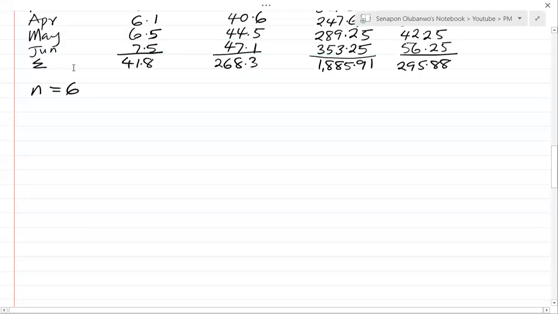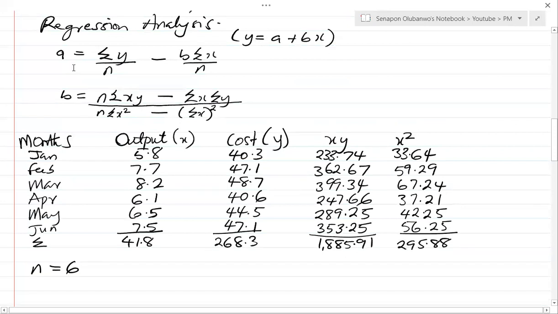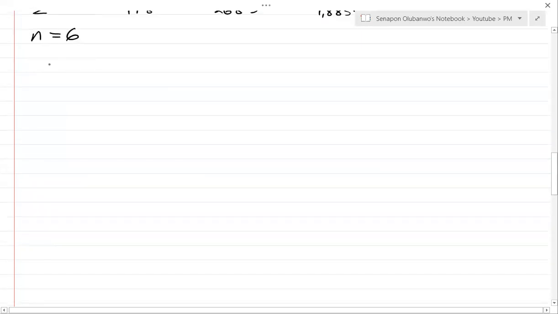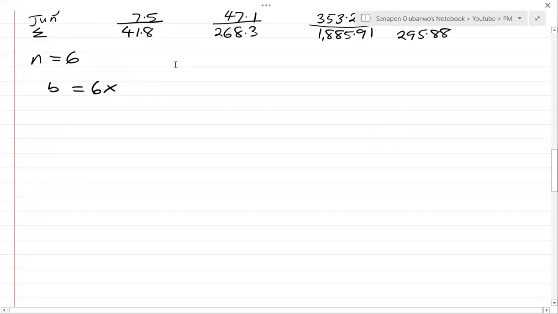So let's substitute the figures in our equation for B. Since we're calculating B first, B equals N, which is 6, multiplied by summation XY, which is 1885.91. Let's close the bracket so we can have some sanity over the figures.